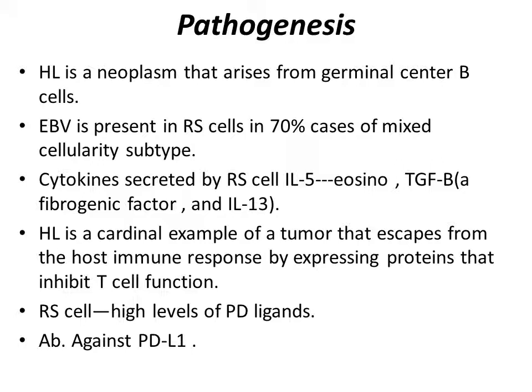So RS cells have high levels of PD ligands. These are special proteins, PDL1 and PDL2, the special ligands. These will inhibit the T cell function. So this will dysregulate the immune response.